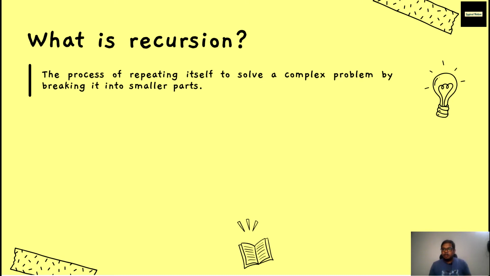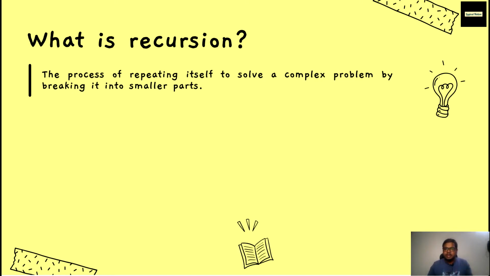Recursion will break that complex problem into smaller parts. Then it will first try to solve each and every small part of that bigger problem, and when all the smaller parts are resolved, all those small solutions will be compiled, and that compilation will give us the solution for the big complex problem.